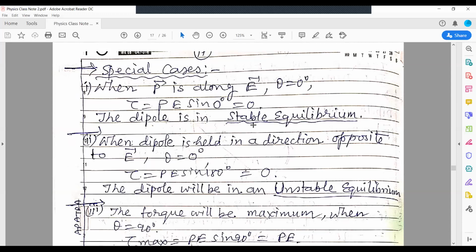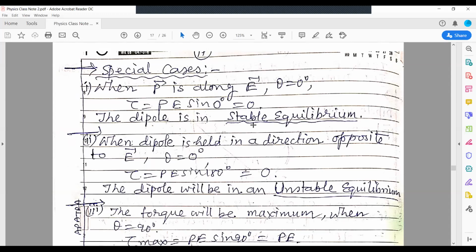And we know net force is 0 because of two equal and opposite forces. When net force is 0 and net torque is 0, that system or object is known as in equilibrium. When both are 0, it will be in equilibrium.